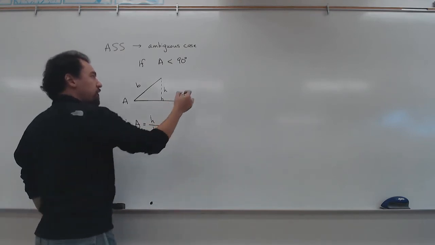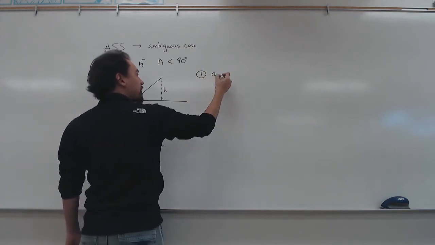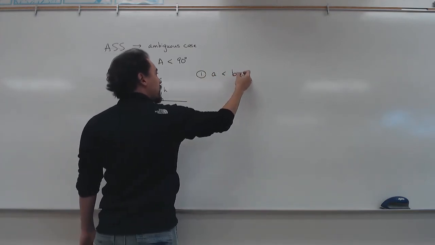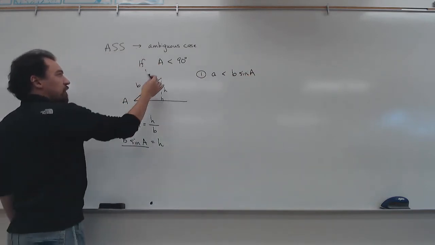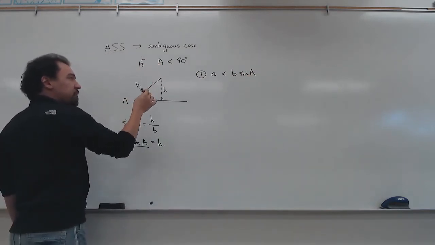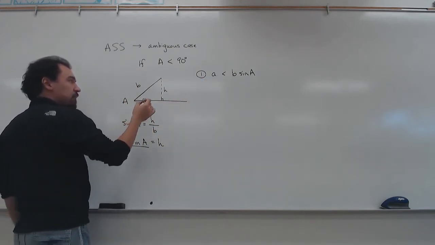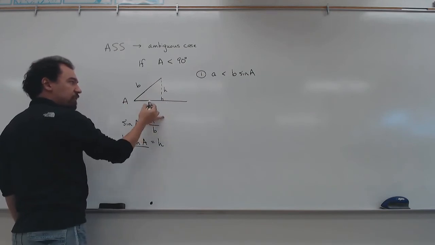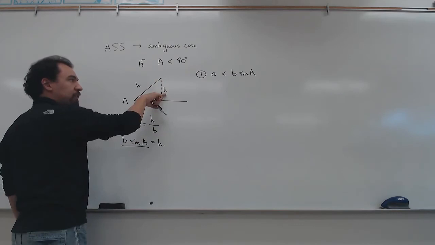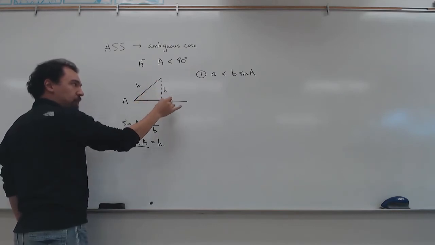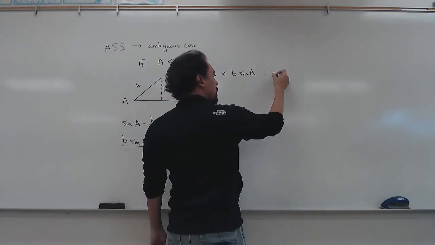So let's imagine case number one, that the side length a that's given is less than b sine A, which means this side length is less than the altitude. Well, in that case, there is no way I can connect this triangle, because a has to be longer than the altitude in order to make a right triangle there. So, we say, no solution.